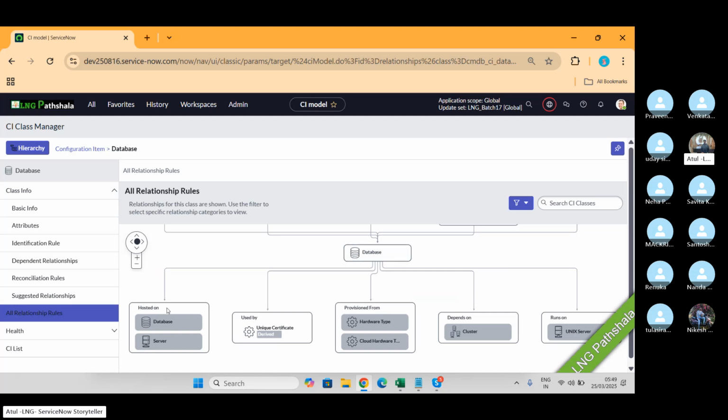Database hosted on server. These are all the relationship types. As I said, every CI has a relationship. And these are the suggested relationships: if you want to connect the server and the database, this is the right relationship name.